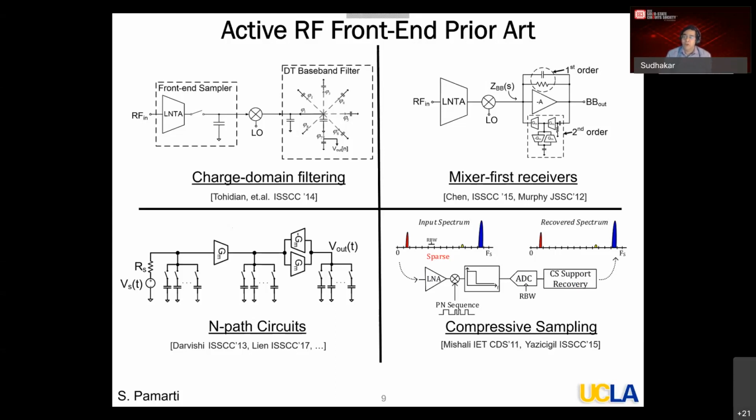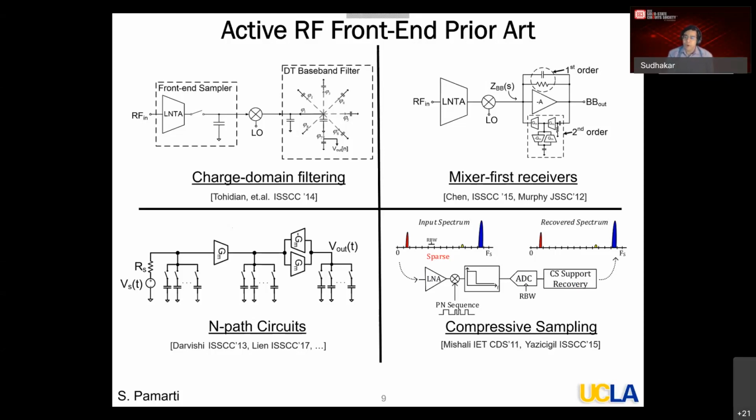Depending on the LO frequency, they move up to the appropriate LO RF frequency, and they can get very good filtering there as well. And the other approach is so-called N-path circuits. N-path circuits are fairly old, but in the last decade or so, they have seen a resurgence. These are very interesting time-varying circuits, and they can get very good linearity and sharp filtering as well.